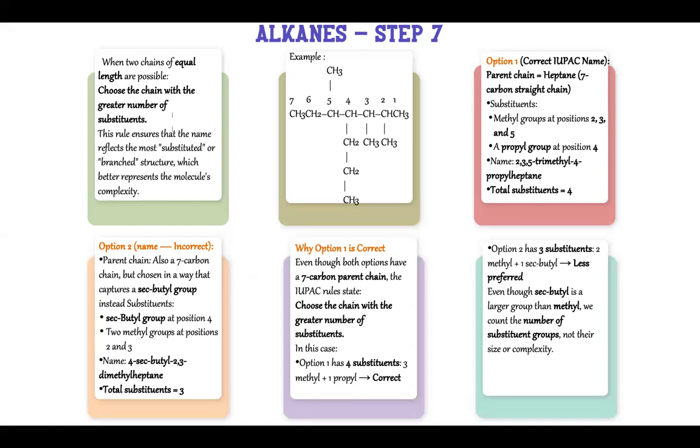So why is option 2 incorrect? Because even though both options have a 7 carbon parent chain, the IUPAC rule states that we choose the chain with the greater number of substituents. In this case, option 1 has 4 substituents, 3 methyl plus 1 propyl, which is correct.